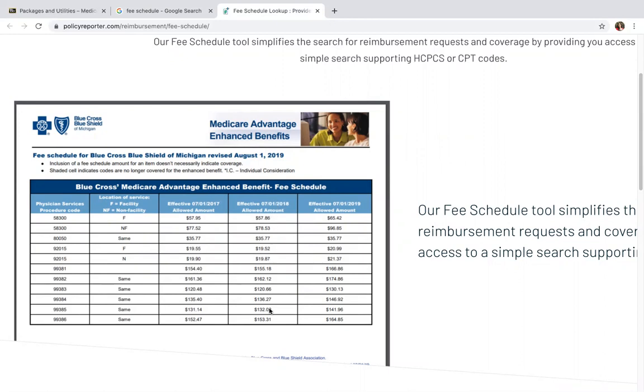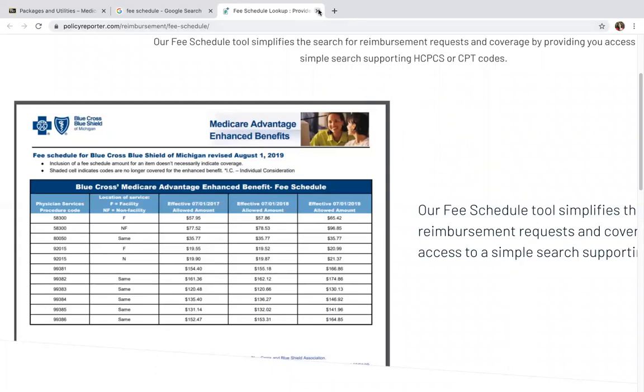And then I would have in the next column Medicare's allowable fee, what Medicare says we can charge. And then what I would have is what our fee schedule is based on Medicare's allowable, because we can submit for reimbursement up to 200% of Medicare's allowable. And that's what we typically issue to the insurance company.